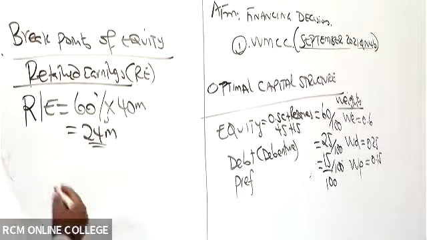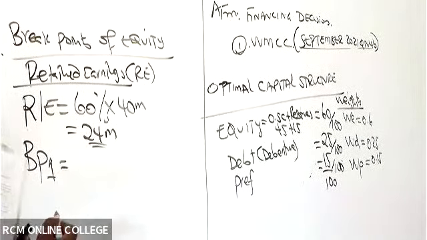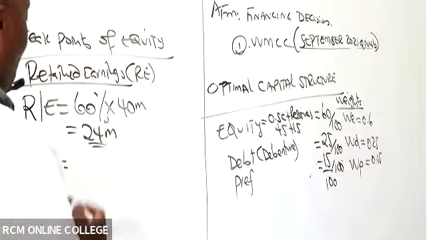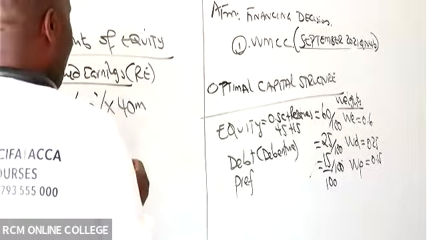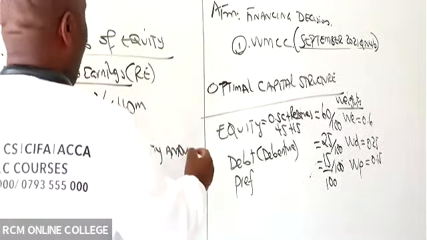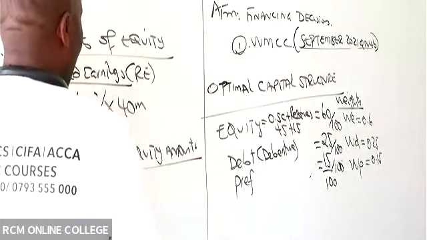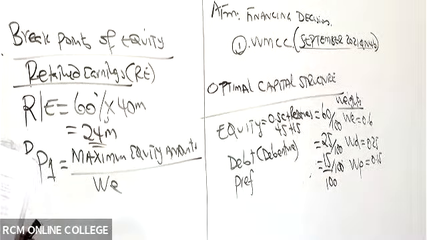Yeah. So then give me the first breakpoint. So breakpoint 1, do you remember the formula? The formula for breakpoint, we take the maximum equity amount all over weight of equity.